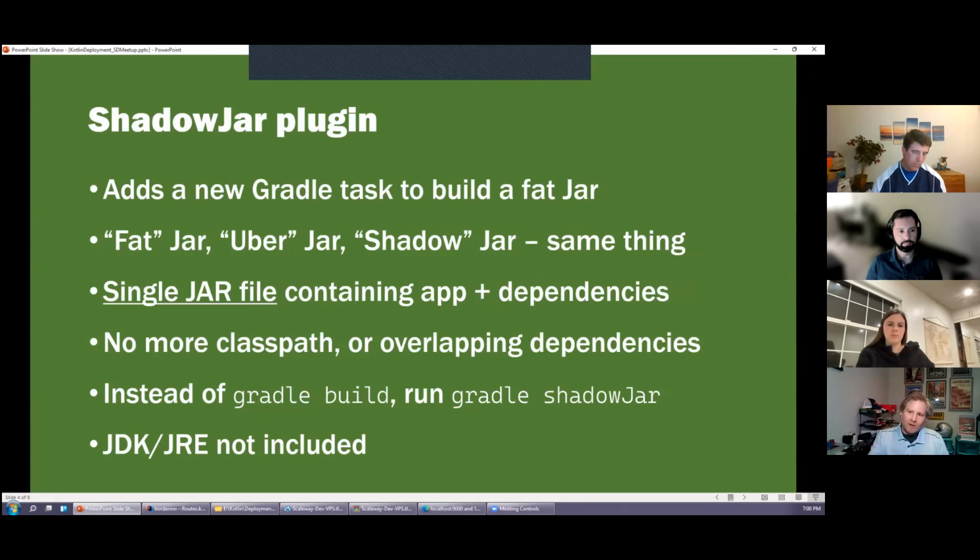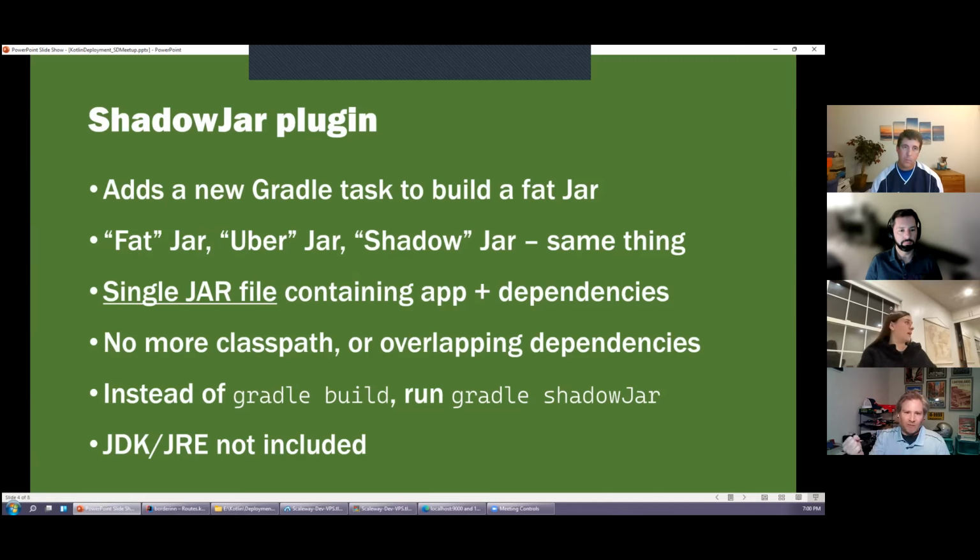So the Shadow Jar plugin, if you're not already familiar with it, is a Gradle task that basically builds what's called a fat jar, which is a single file that contains everything, all your dependencies, everything that would be out there on the class path.